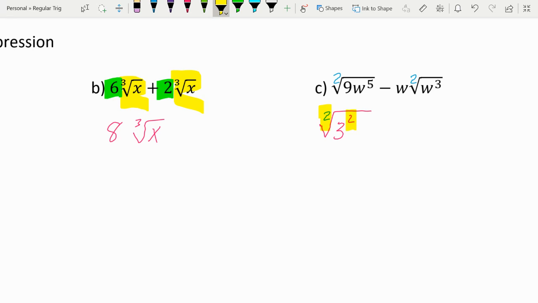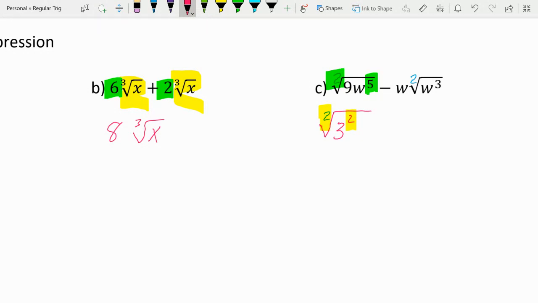So now if I look at this w here, w to the fifth, I need to do something to that w to the fifth so that the index and that exponent are exactly the same. So that's what I'm shooting for.